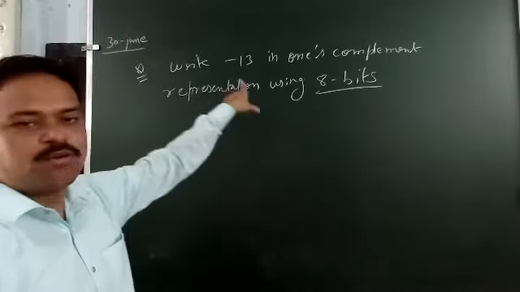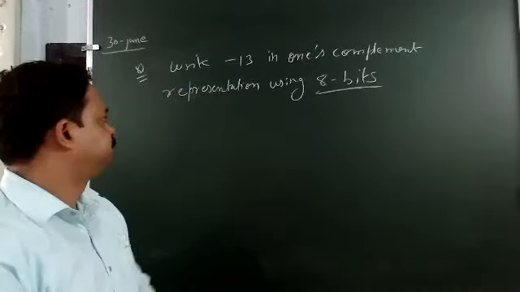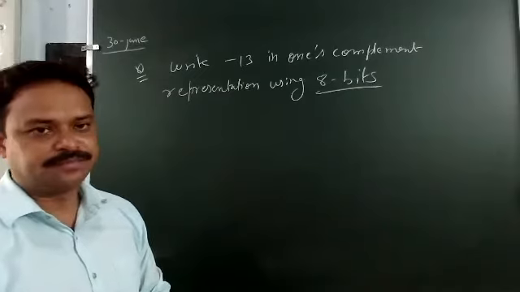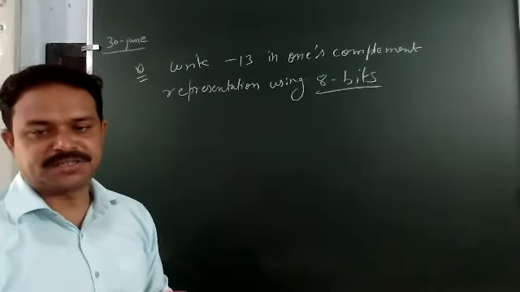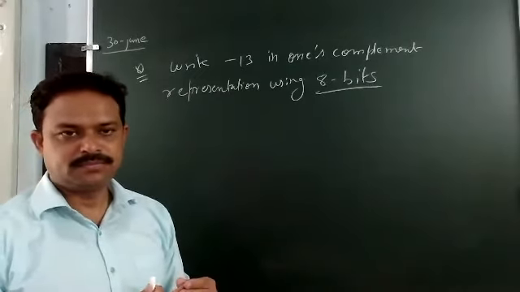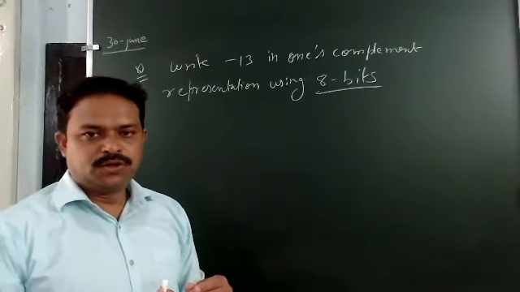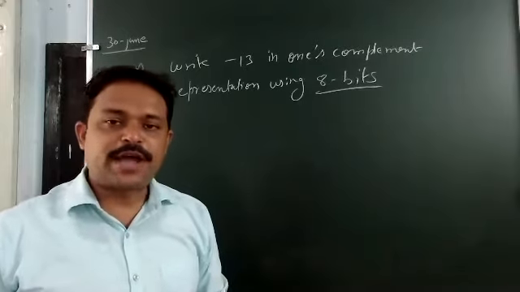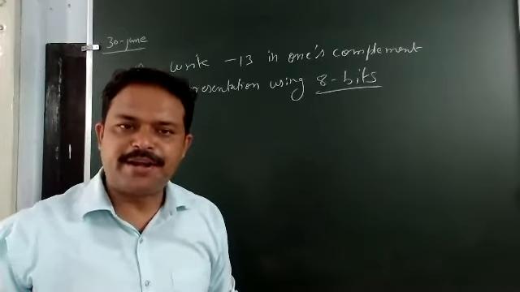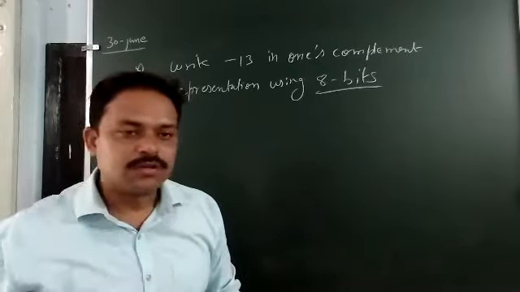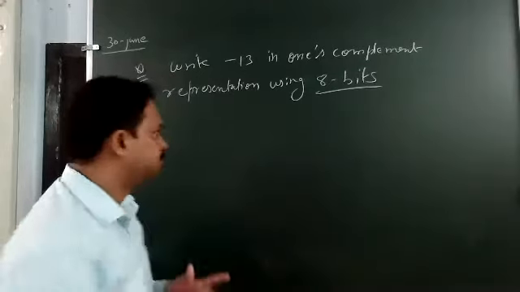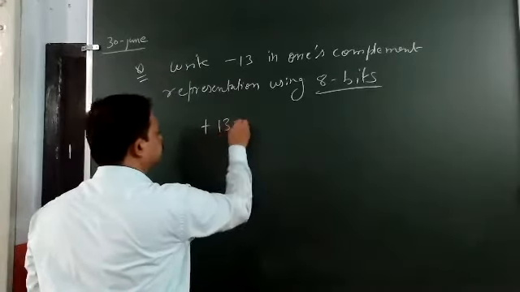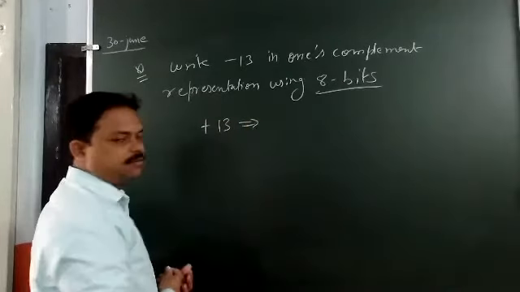You have to write minus 13 in one's complement form, using 8 bits. So what is the rule? First of all, write down its positive value. So how will you write plus 13?